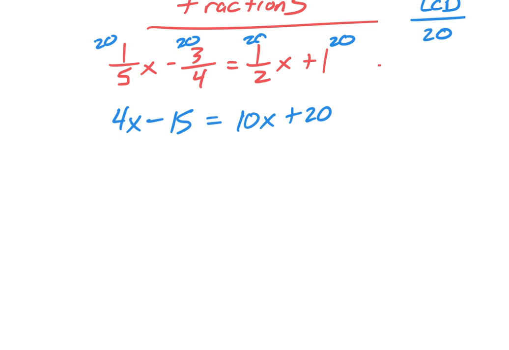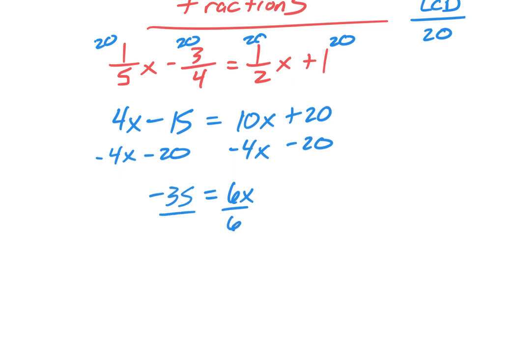So now let's solve this one down here. Let's see what happens, okay? Let's subtract 4x. Subtract 20. So this would be negative 35 equals 6x. And then all we got to do is divide by 6. Is there any way to reduce?